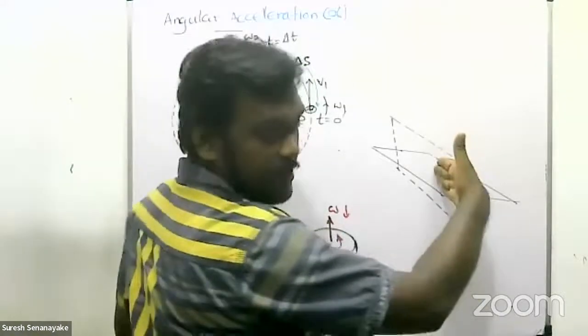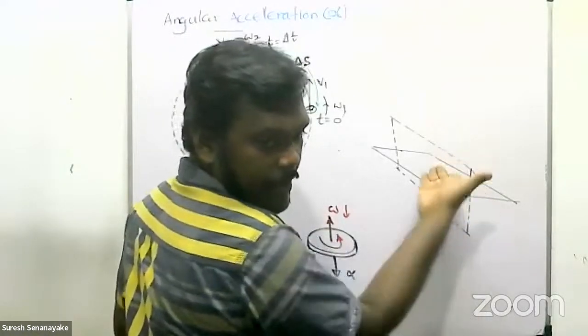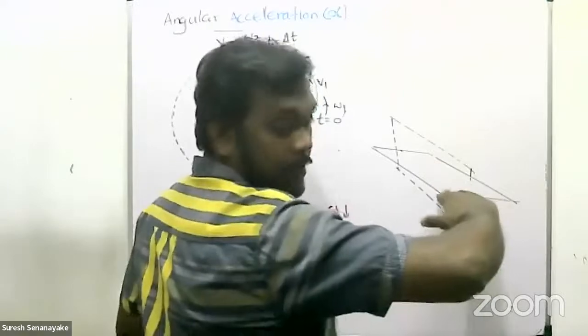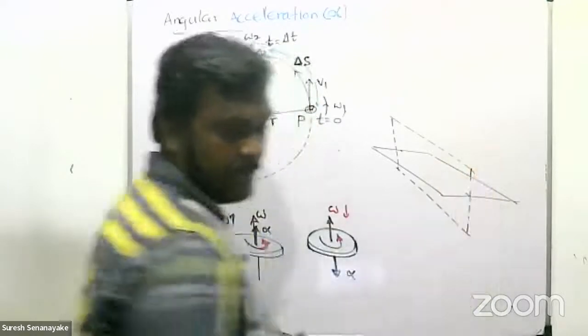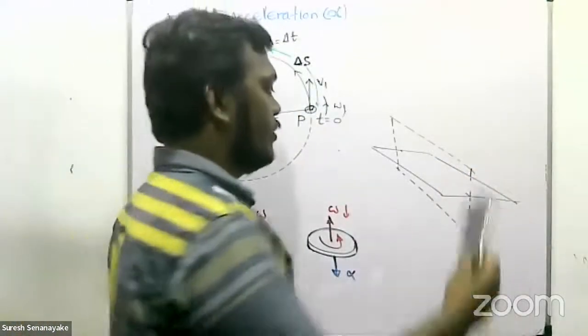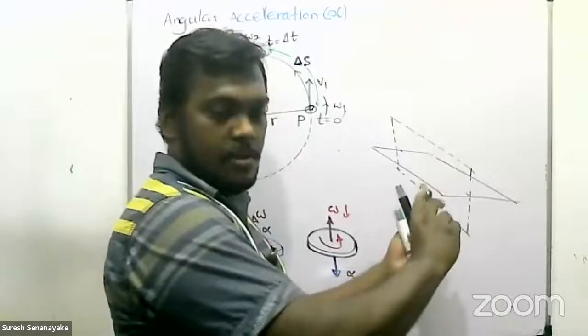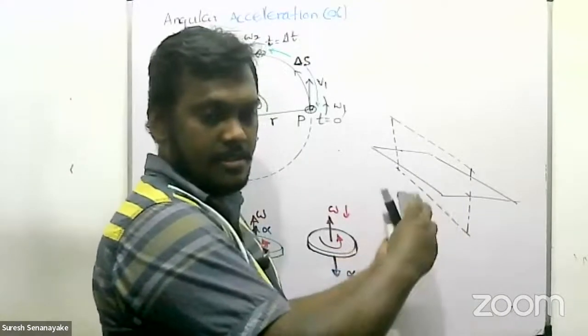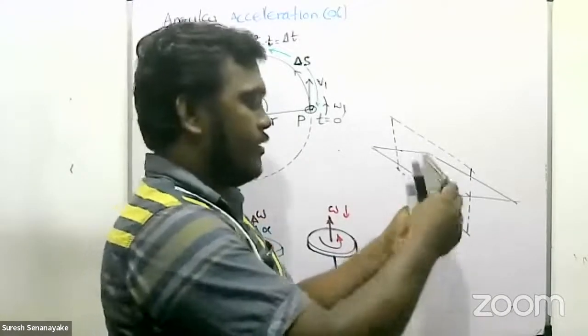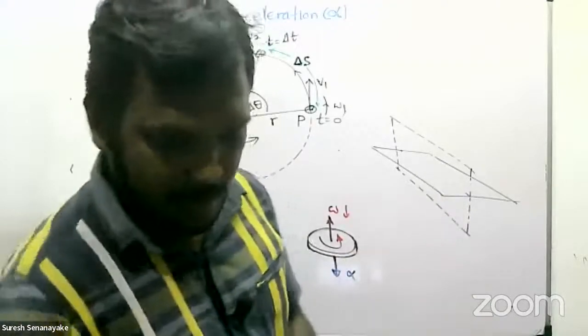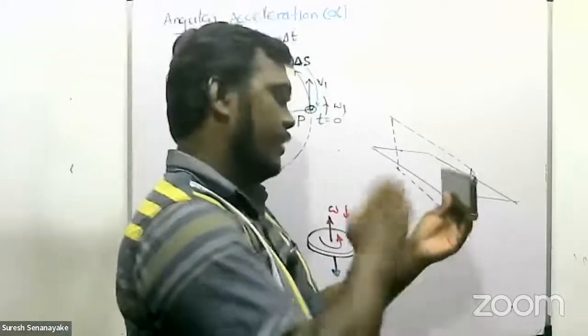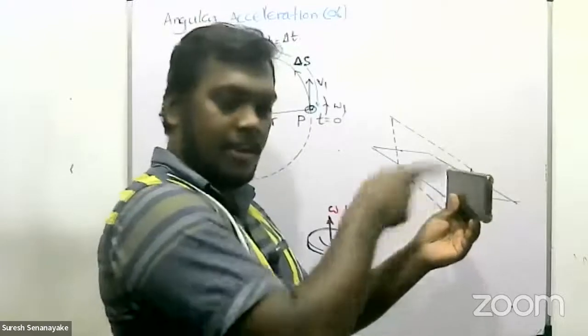This is one, right? So I'll rotate it like this, and change like this. In this plane, the object is rotating this way, right?